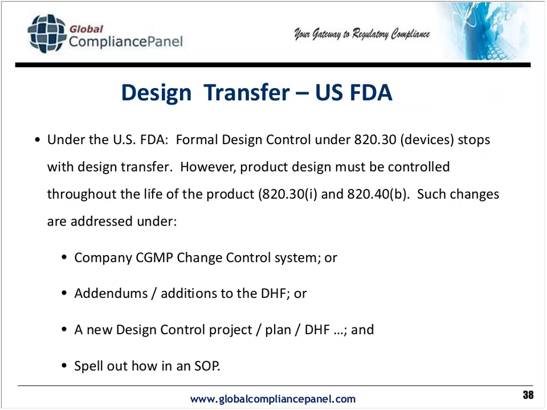Or do I want to have a system between the two where I may close the file out and for minor changes to process and design, I handle it under change control, but for major changes, add an appendix or addendum to my design history file for that and start from scratch, so to speak, making it a mini design control project that I use as an addendum to it.